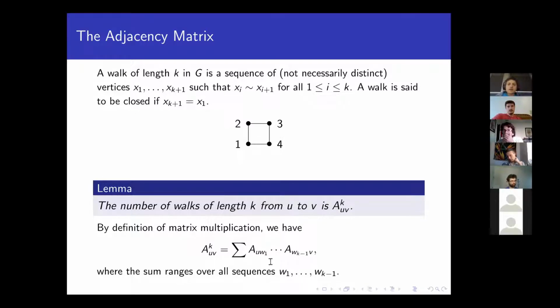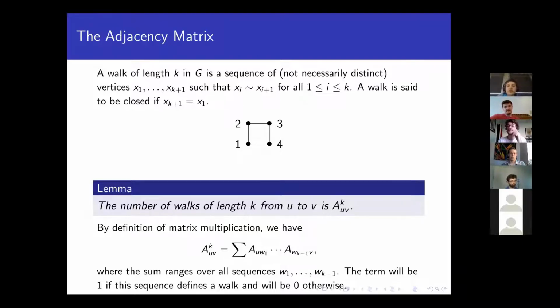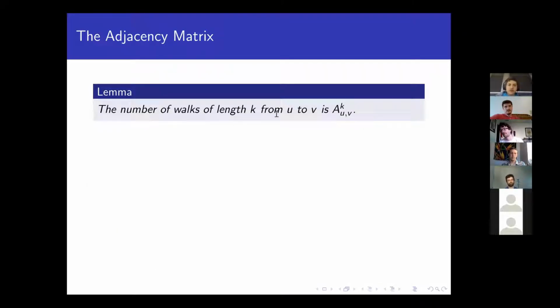Each of these terms is either going to be 1 or 0. It'll be 1 precisely when the edge u w_1 exists, w_1 w_2 exists, and so on and so forth. This is just defining what it means to be a walk if you look at the formal definition here. So the number of 1 terms here is exactly the number of walks of length k from a vertex u to a vertex v. This is just a basic combinatorial fact that can be represented in this linear algebraic way.